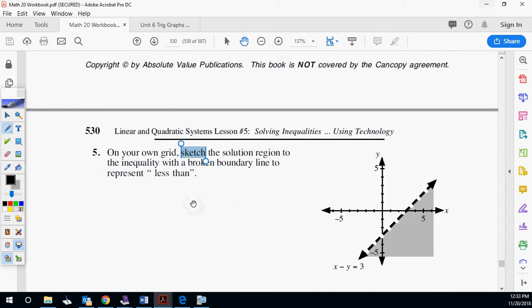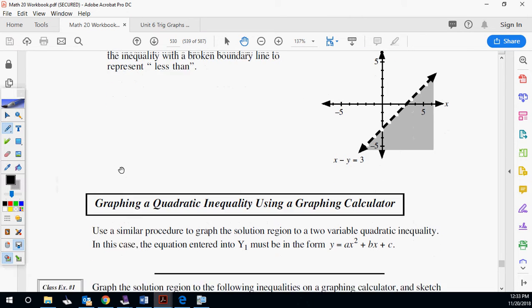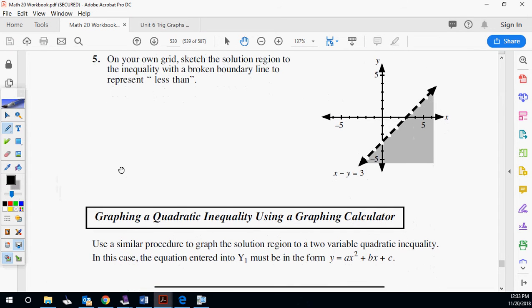So then when we go to this last page here, so we did the notes today. It's very short. On your own grid, sketch the solution region to the inequality with a broken boundary line representing less than. So they're just talking about sketching that region that you just had. This is what it looked like. It's already there.